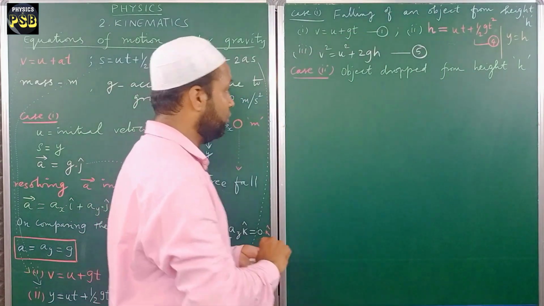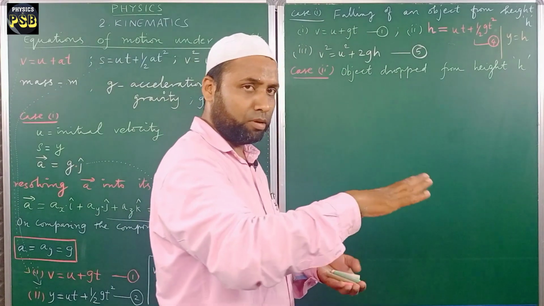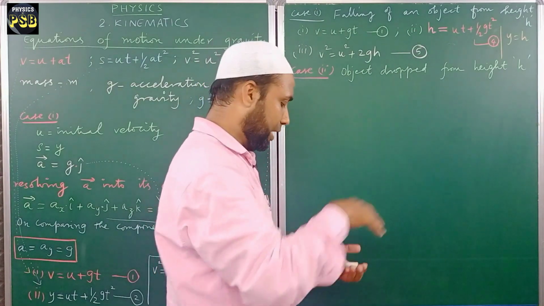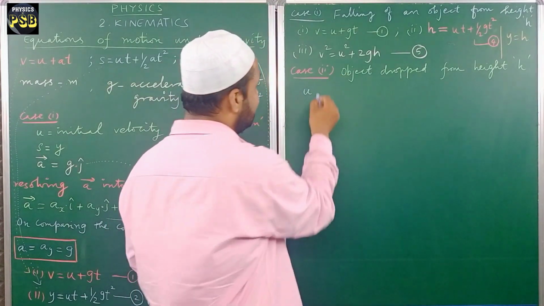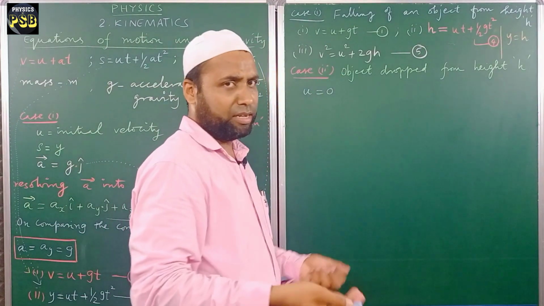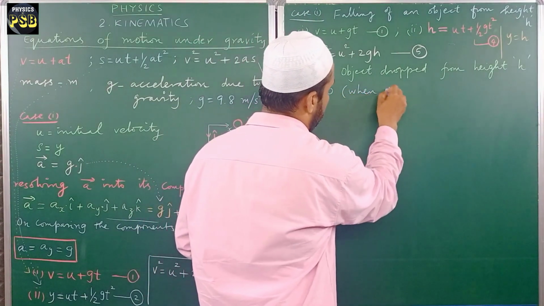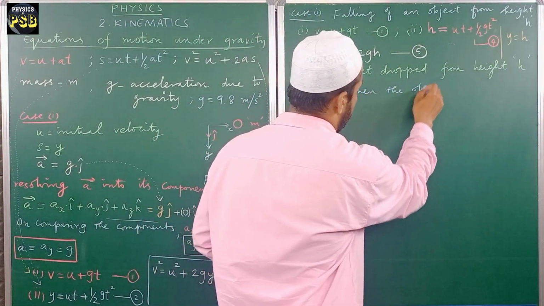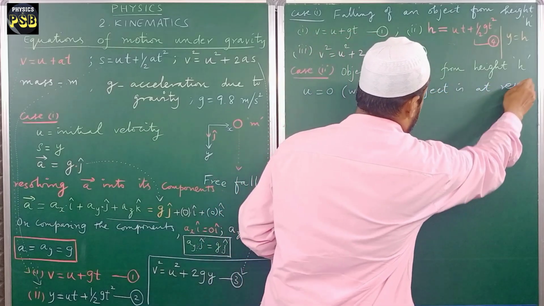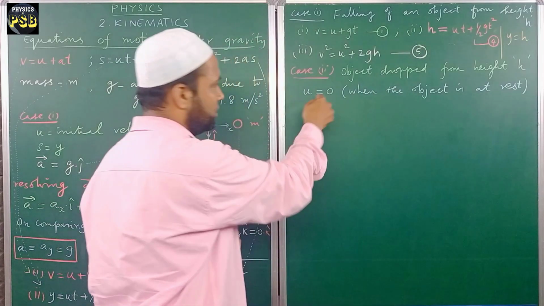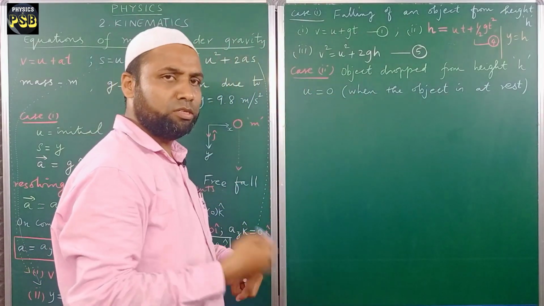Now, the initial velocity: when the object is not yet dropped, when someone is holding it in their hand, at that particular moment the initial velocity is considered as 0. It doesn't possess any motion, it is at rest, isn't it? When the object is at rest, the velocity of the object is taken as 0.